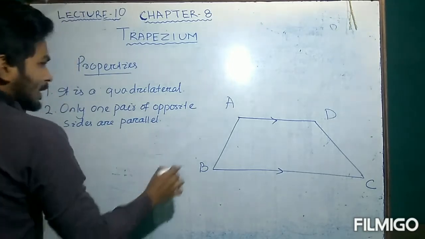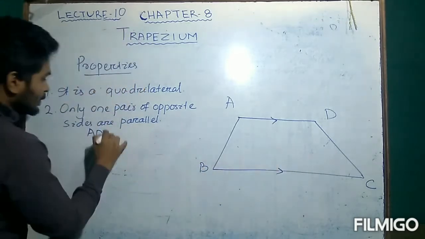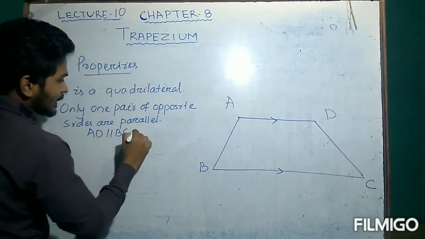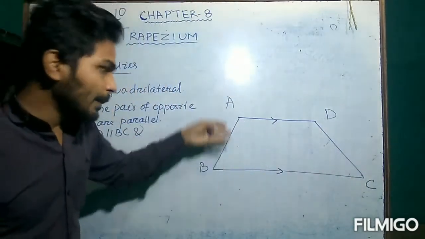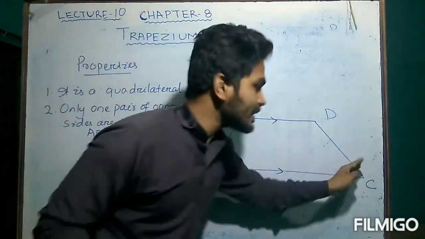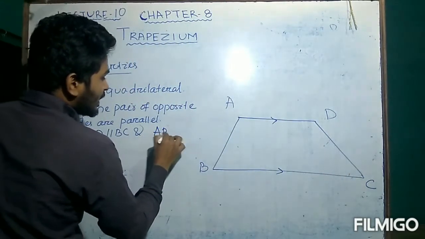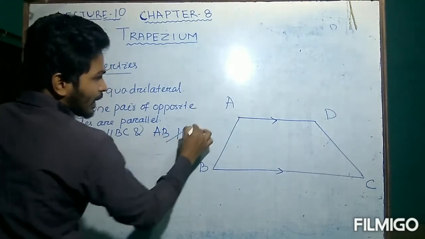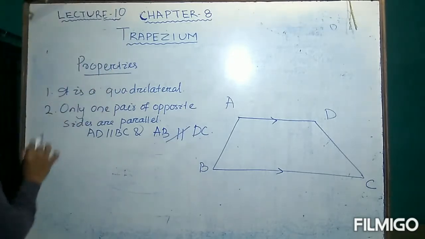You can write AD parallel to BC, and these two sides are non-parallel. Maybe they are parallel in some other case, but in this case, AB and DC are non-parallel. So AB is non-parallel to DC. Clear? This is the second property.